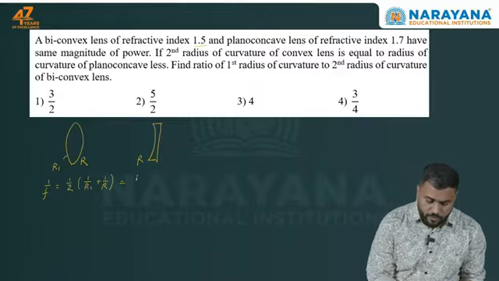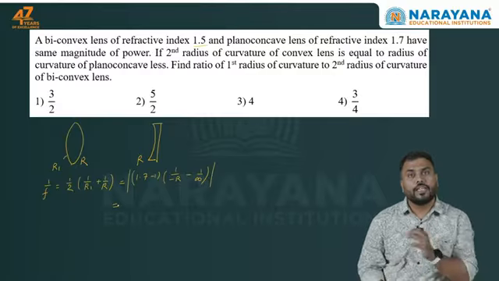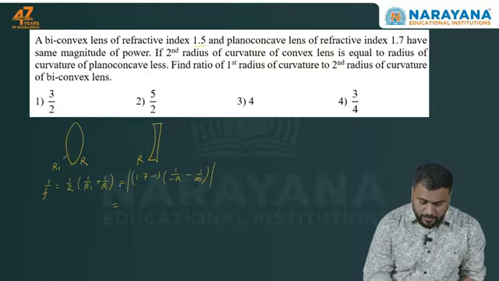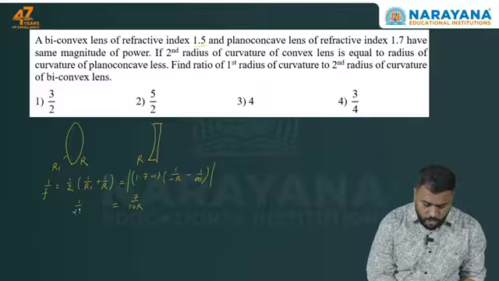So the second lens will have mu minus 1, that is 1.7 minus 1, into 1 upon the first surface radius of curvature, which will be negative, and the second surface is a plane surface. I will take mod of this expression because I need the magnitude of powers to be equal. So the right hand side expression 0.7, that is 7 by 10 r, is equal to 1 by 2 r1 plus 1 by 2 r.